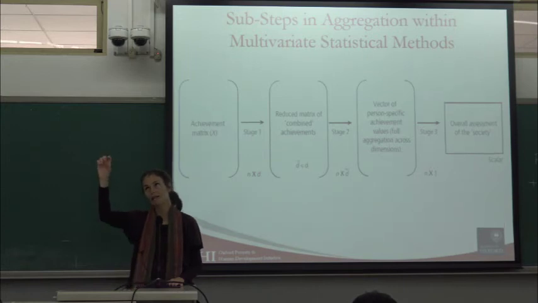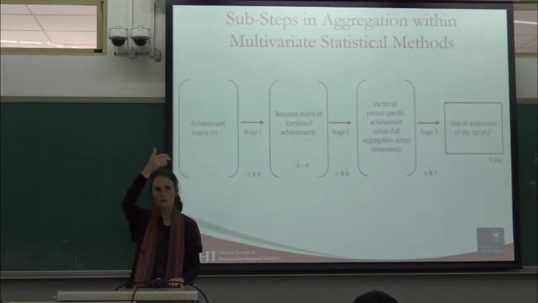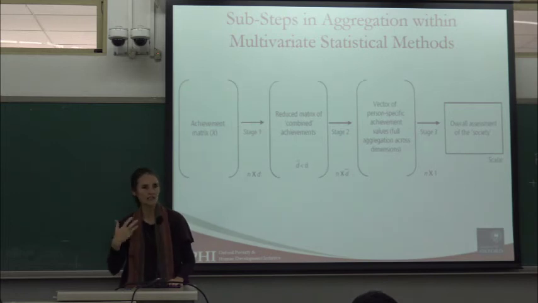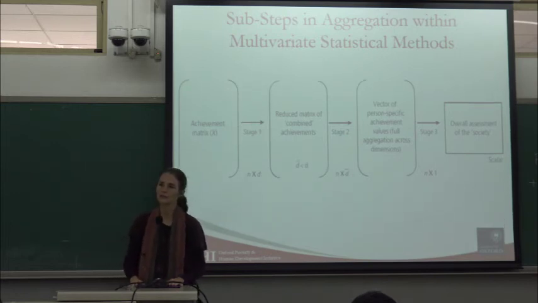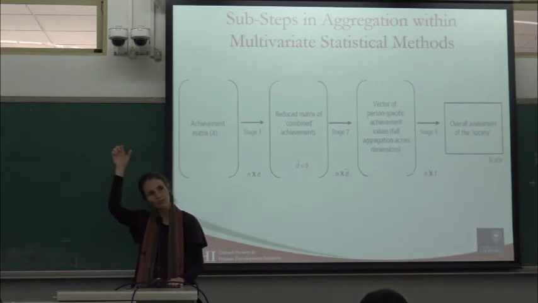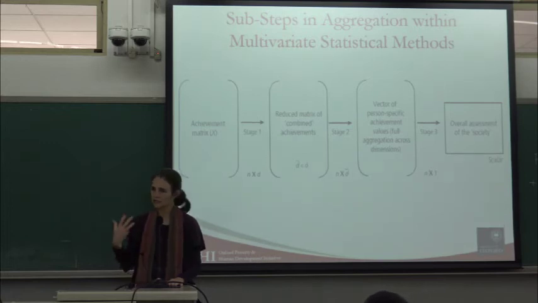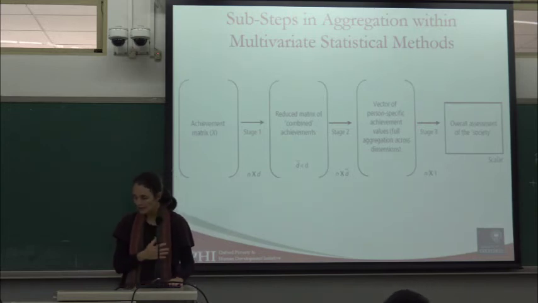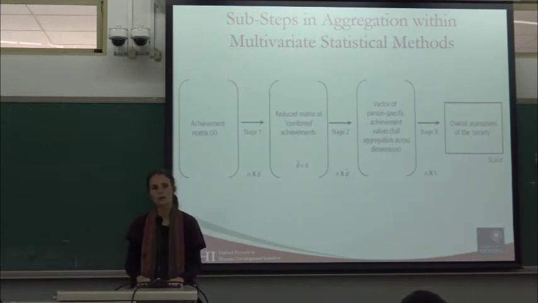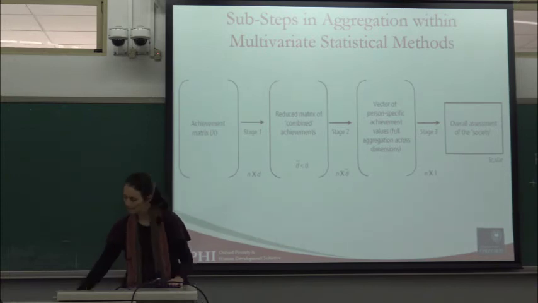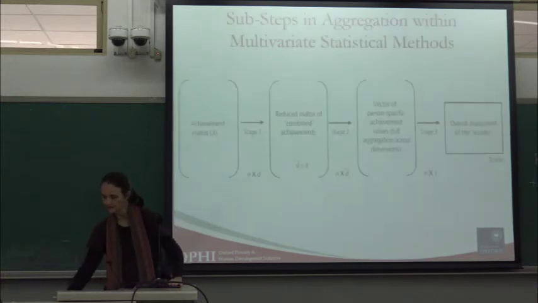Each of the entries, in a sense, represents an aggregation across all of the dimensions, but instead of doing it in a counting-based method, you've done it via these intervening components or factors or clusters. And then you may combine that vector into a scalar, into an overall summary measure, like a DHS wealth index. So those are the stages that we go through in different ways with these different methods.